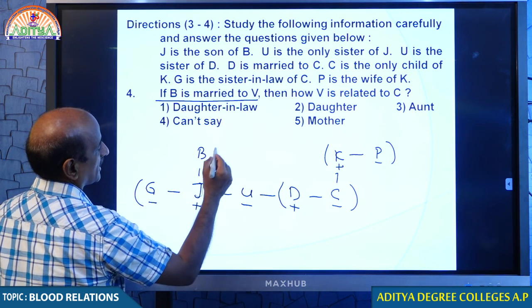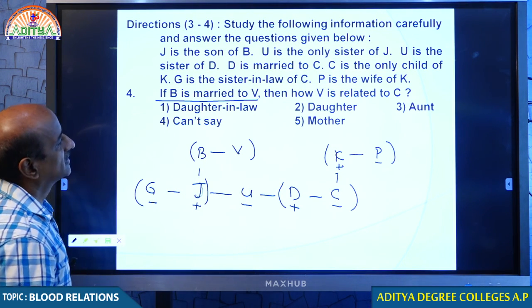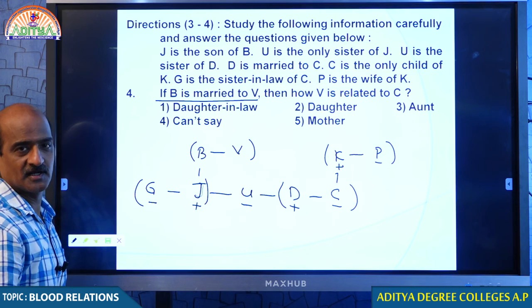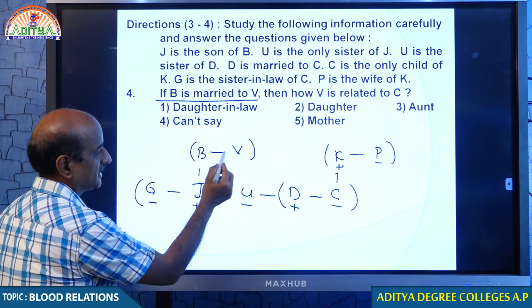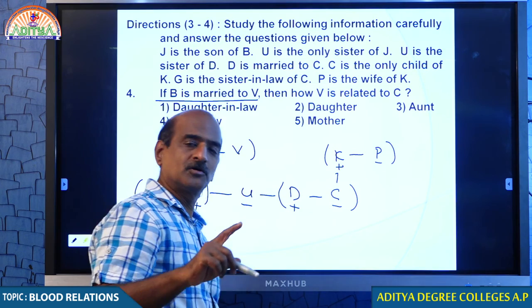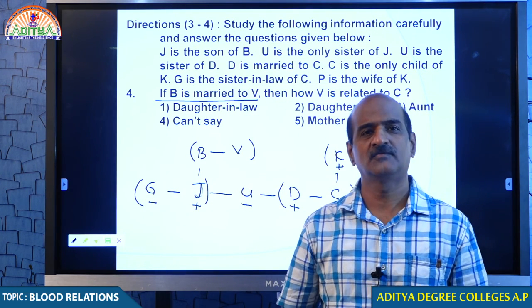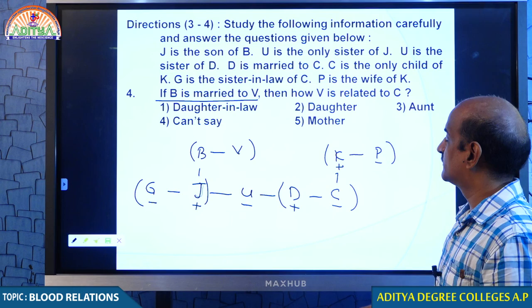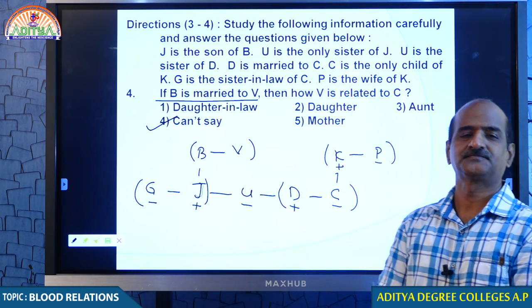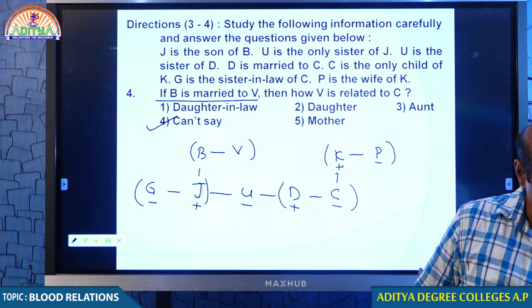If B is married to V, then how is V related to C? Unfortunately, it is only given that B is married to V. Because we don't know the gender of B, we equally don't know the gender of V. Hence, if we don't know the gender, your answer should be can't say. Therefore, for question number 4, your answer is can't say.